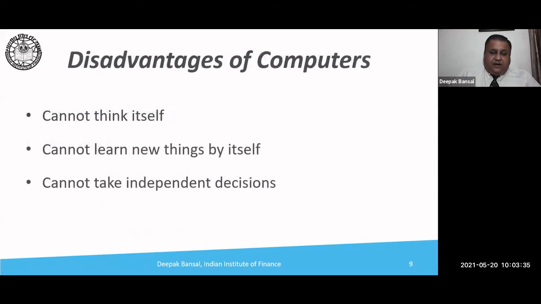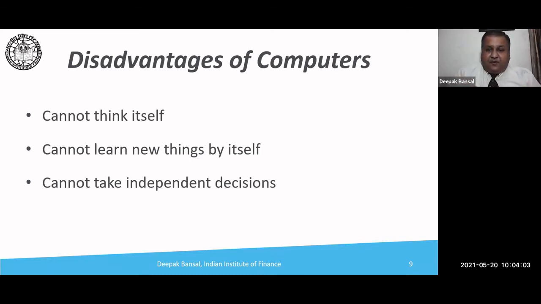Coming to the disadvantages, computers cannot think by themselves. Computers require humans to supply inputs, and then the computer, using the technology, can take a decision. It cannot learn new things by itself. Again, humans are required to provide the inputs, and computers cannot take independent decisions, which means a computer can take a decision, but it will be under program control.